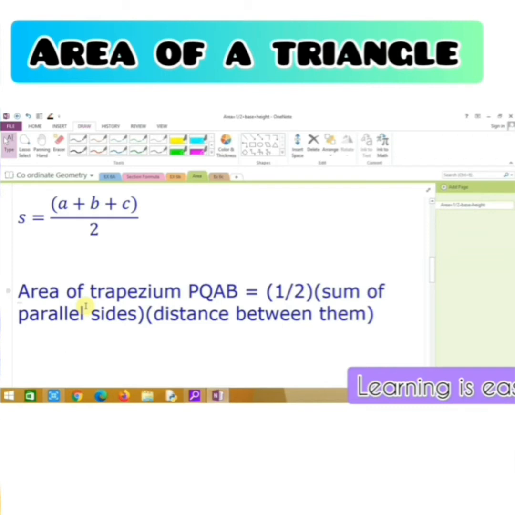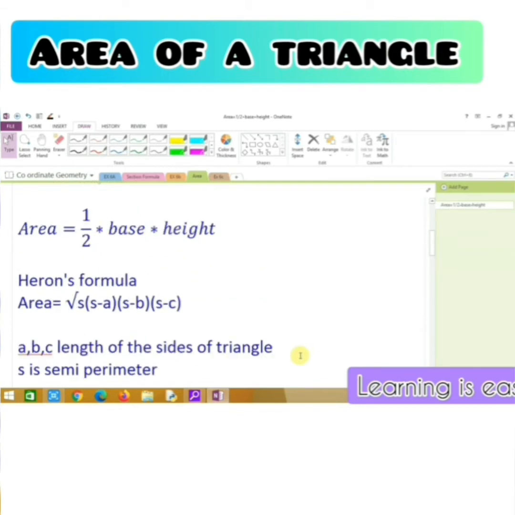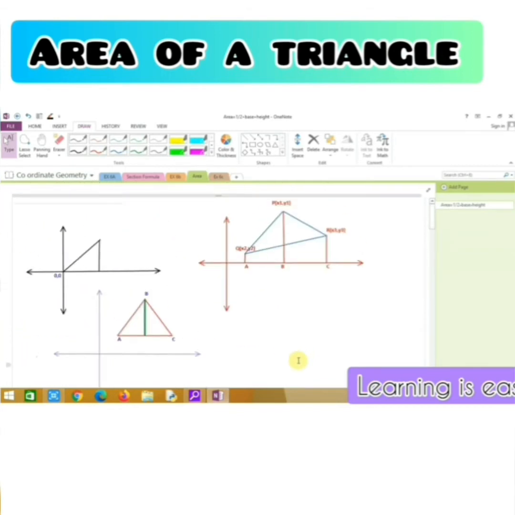So here the area is going to be half into the sum of parallel sides, that's QA plus PB, and the distance between them is AB. Now we look at the coordinate points of QA, PB and AB to derive the area of this trapezium.